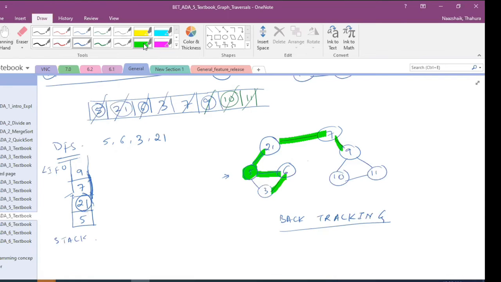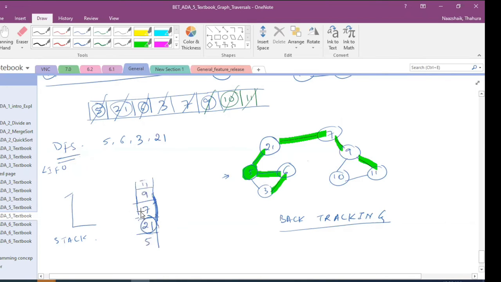From 9, I can go either way. Let me pick 11. I add that to the stack. So what have we visited? 7, 9, 11.